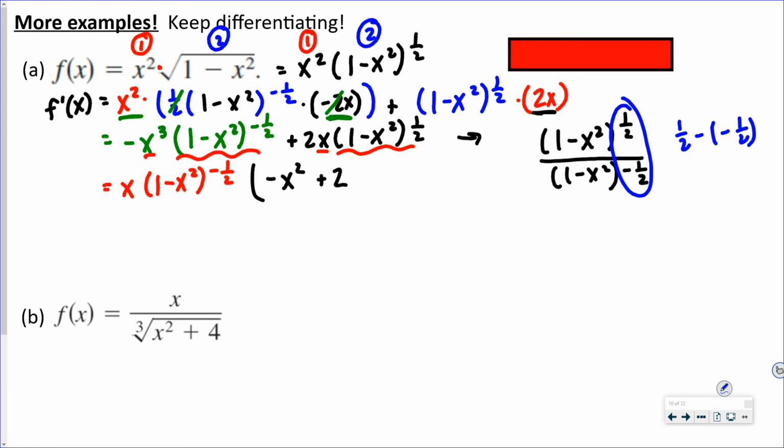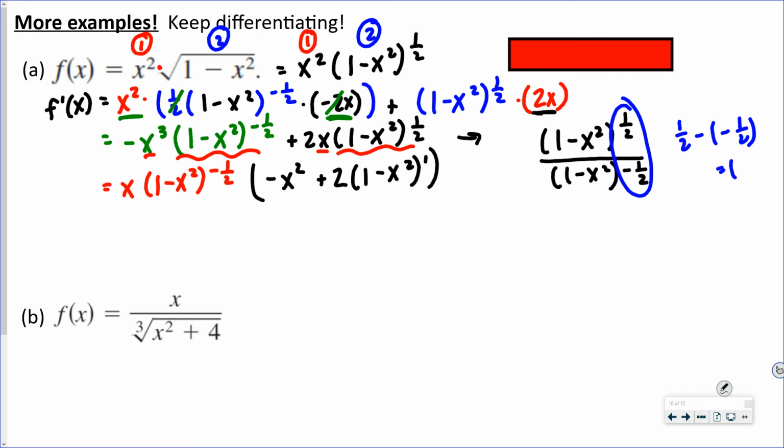And 1/2 minus negative 1/2 is 1. So I'm left with 1 minus x squared to the power of 1. You don't really need to write the 1 there. But this helps us for two reasons. One, I'll be able to take care now of this negative exponent by moving it to the denominator. And two, it kind of got rid of that fraction exponent for me right there.